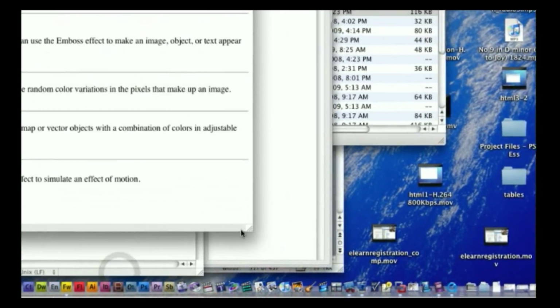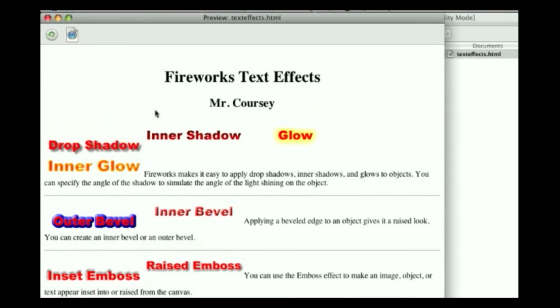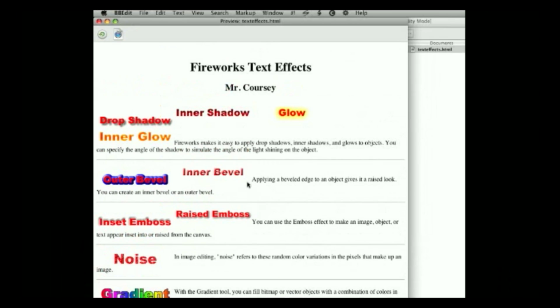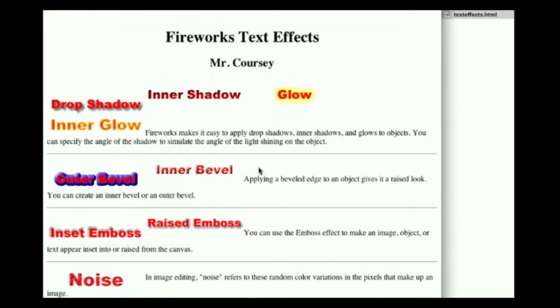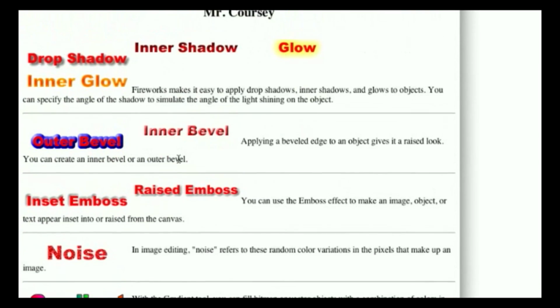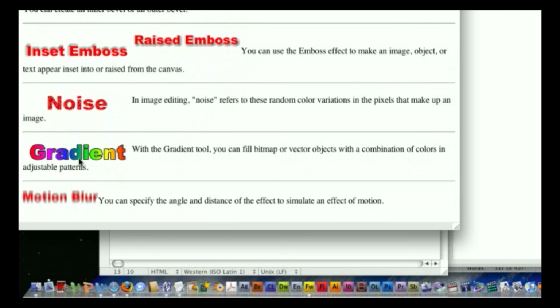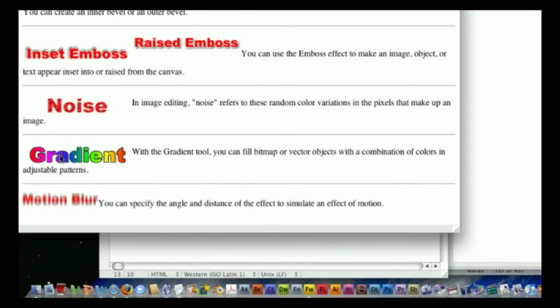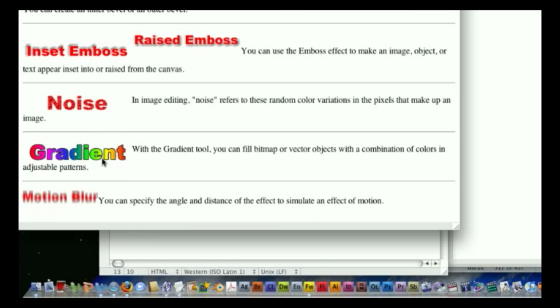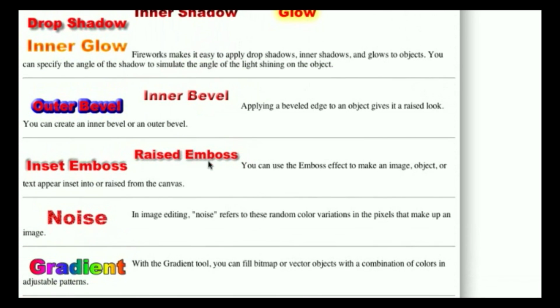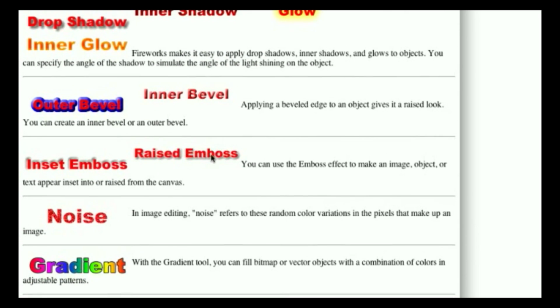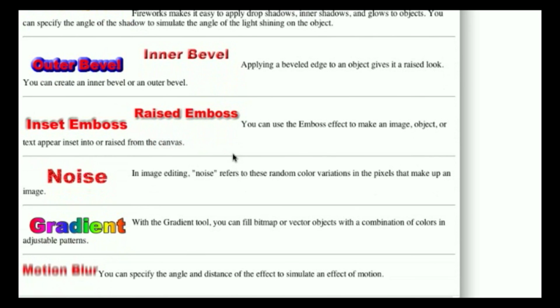Be sure to use your worksheet as a guide because it has what this looks like. So when you're done, everything should look exactly or pretty close to this. You can use your own color preferences. My main concern is that you learn how to do the different effects and you're able to import them into a folder and pull them up in a web page. And that's it.